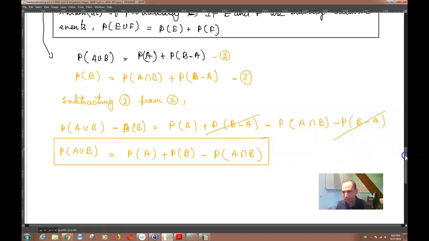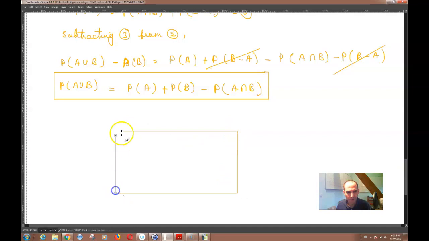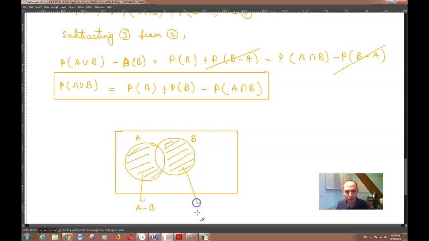You have your set A here, you have your set B here, and this part over here is A minus B, this part over here is B minus A, and this part over here is A intersection B. The whole part over here is A union B.